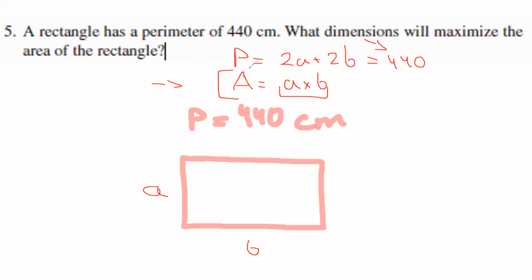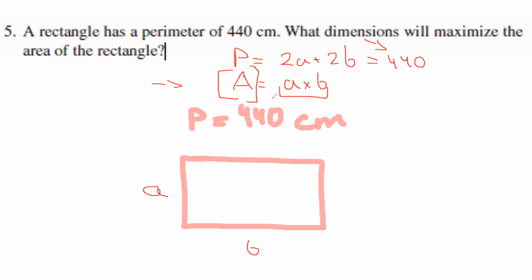I understand that my perimeter is an exact number, so I have limited values for A and B. I also know that I have a function of area because it's simple: length by width. And I need to optimize this formula for area, not for perimeter. Perimeter is constant.